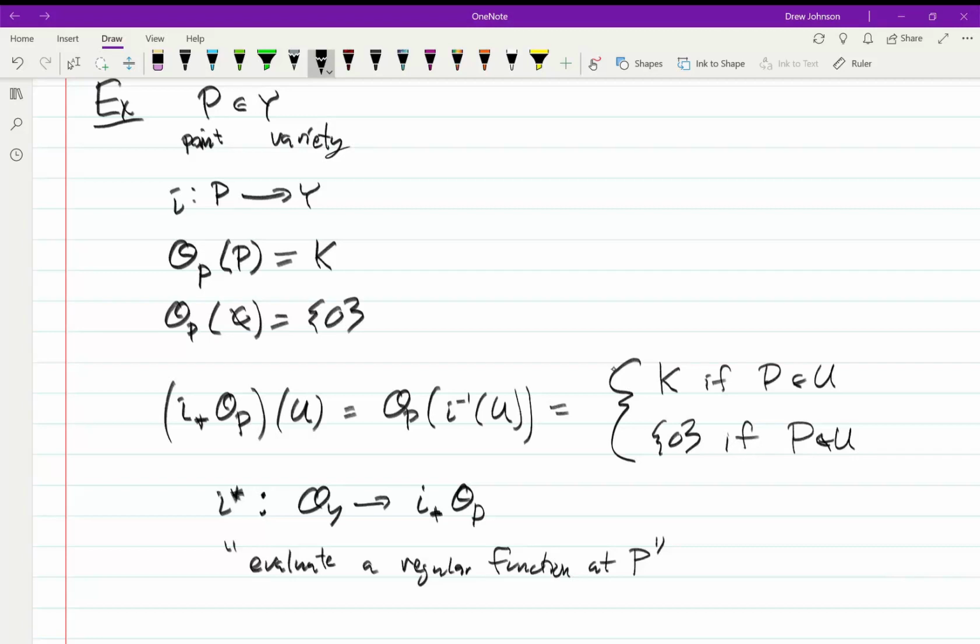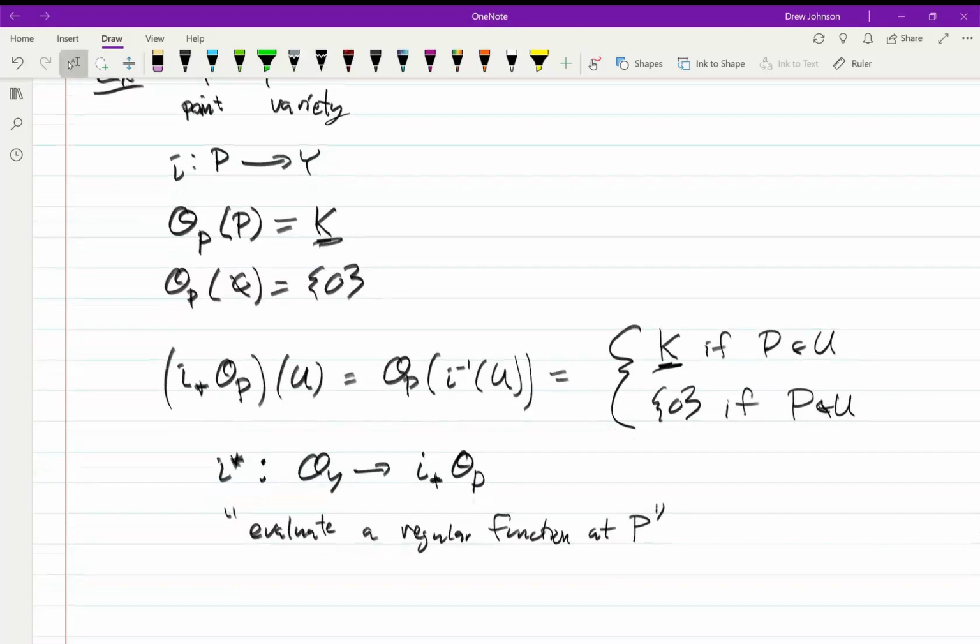You take P, you include it into Y, and then you compose with the regular function. So that's just evaluating the regular function at P, and you get an answer in this field K right here, or maybe this K here. Those are the same K.